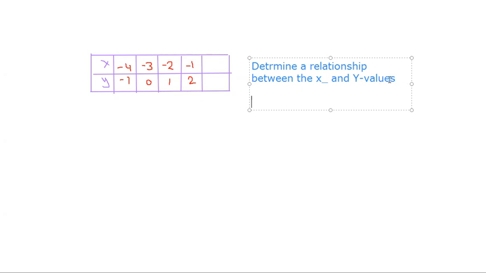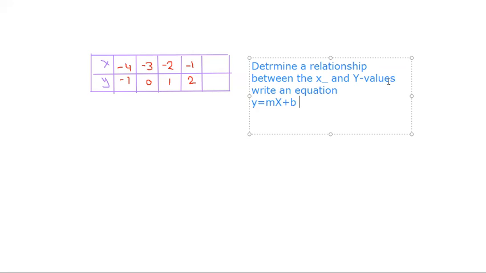So he said here also, write an equation, right? Then directly you have to remember what is the general form. It should be y equals mx plus b.